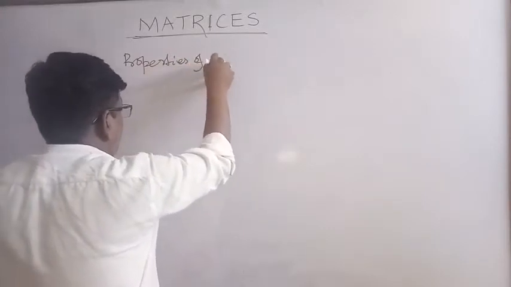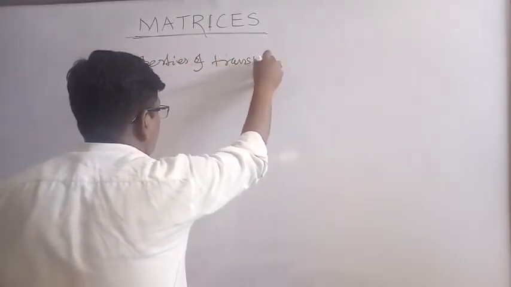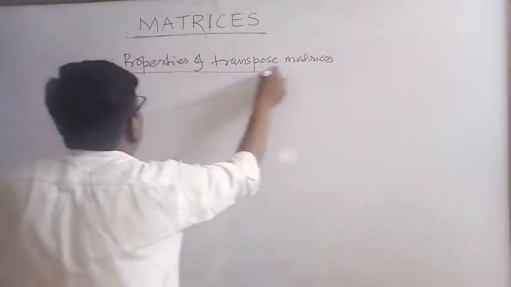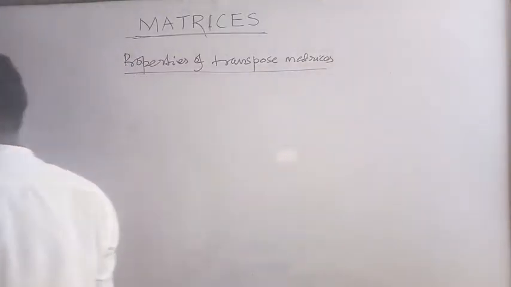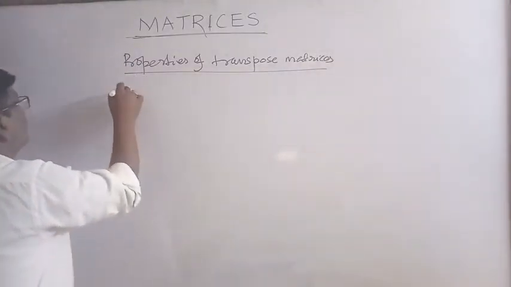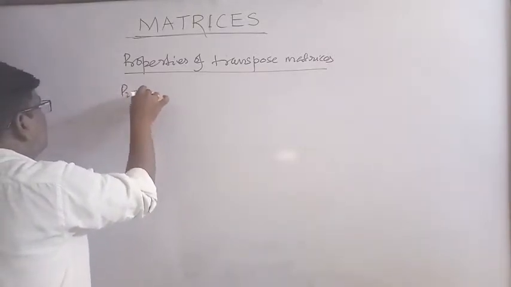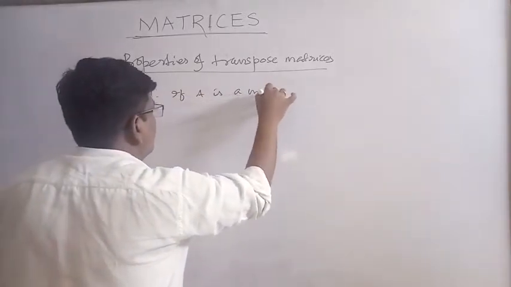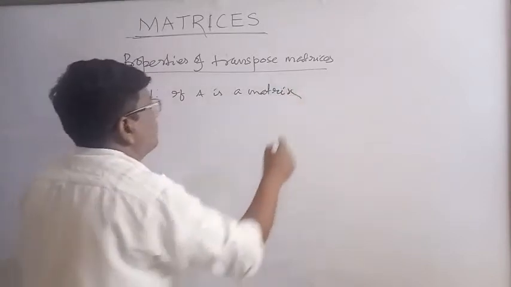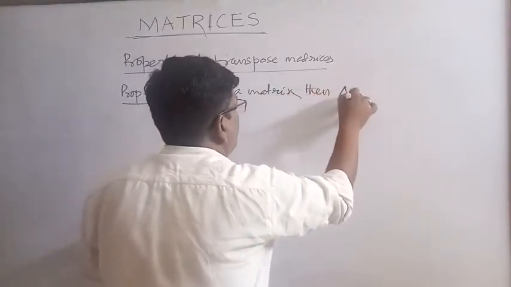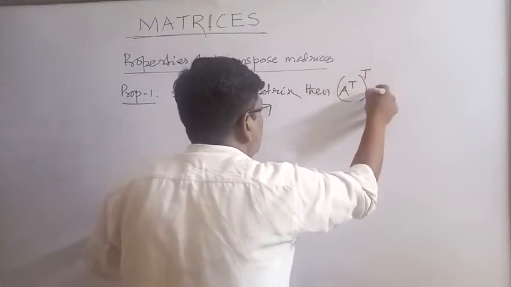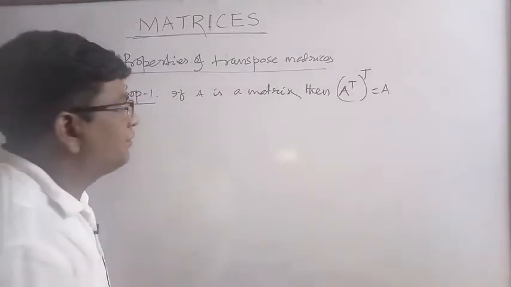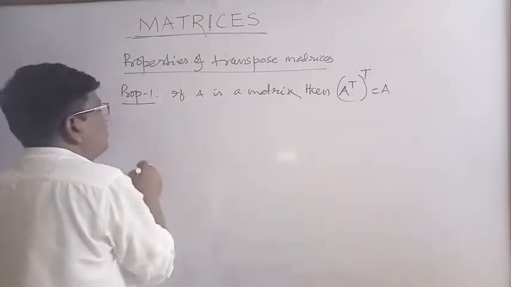Property 1: if A is a matrix, then A transpose whole transpose is equal to A.